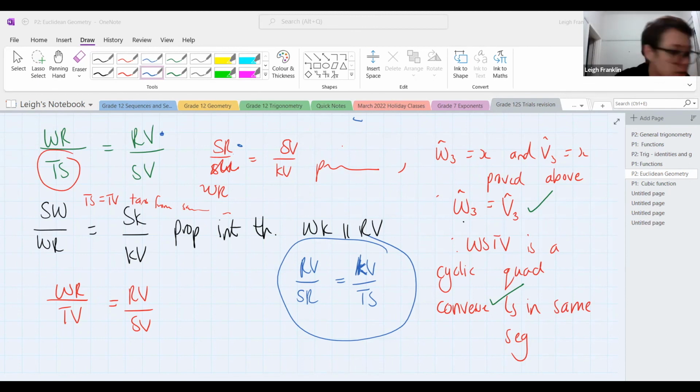So that gives us WR times SV equals KV times SR. Therefore, RV times TS equals KV times SR, because SV and TS are equal to one another. So therefore, RV over SR equals KV over TS.